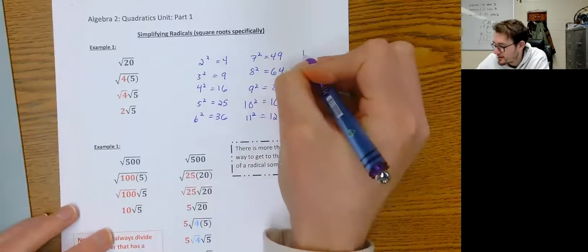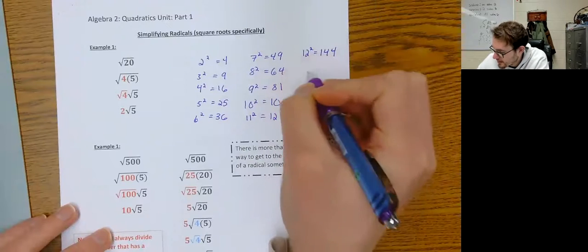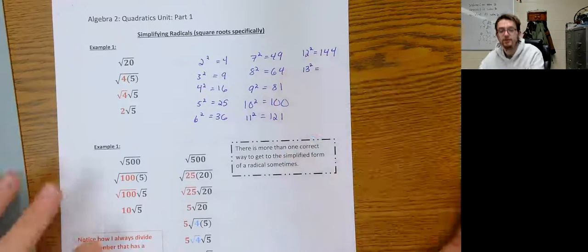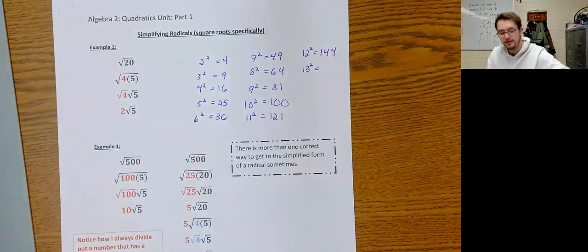What else do I know? We got 12 squared equals 144. 13 squared, I think, is where I start to not remember. I want to say it's 169. And I would have been correct.